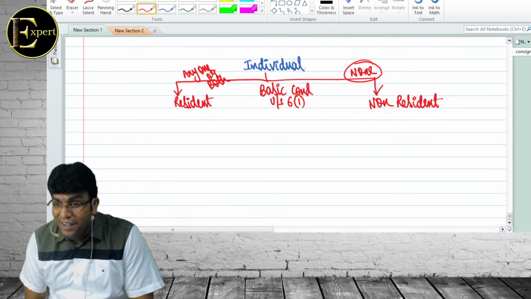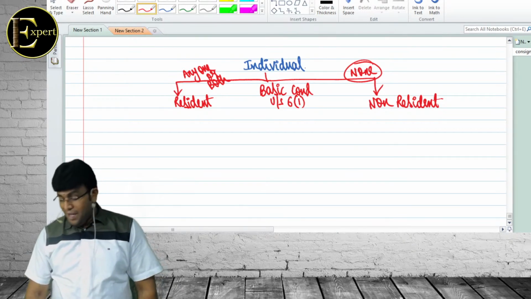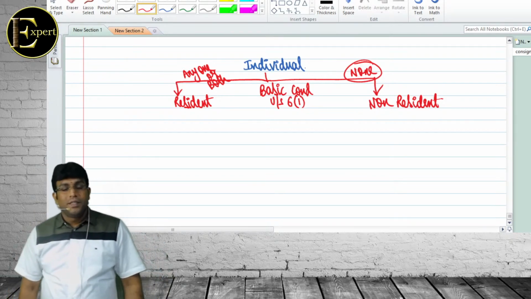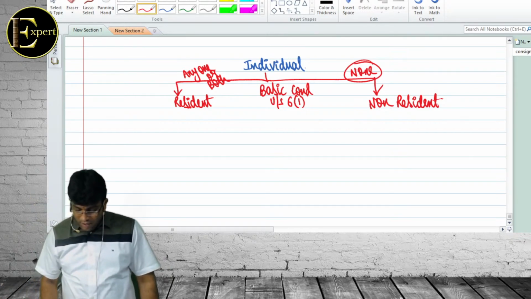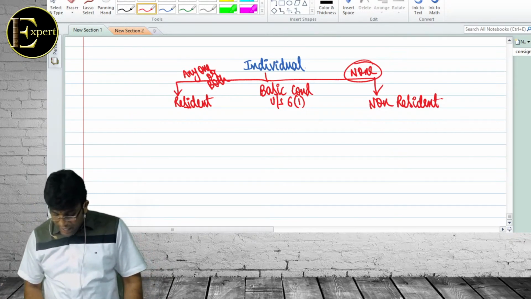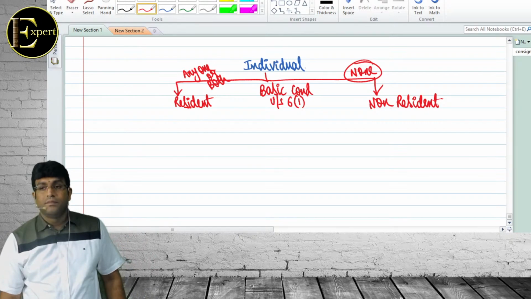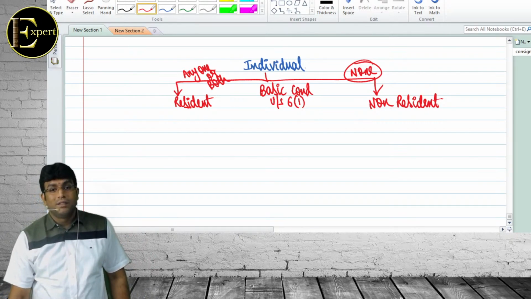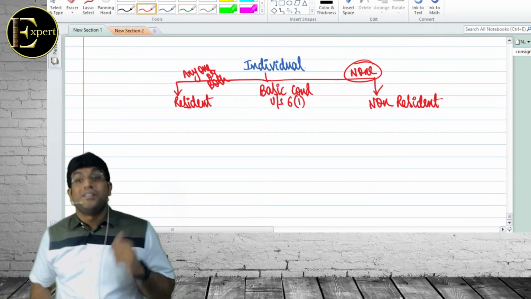Anyone satisfied? Both satisfied? Both gone? What are we talking about? Basic conditions. Given under which section? Section 6(1). चलो अभी देखते हैं बेसिक कंडीशंस है क्या.